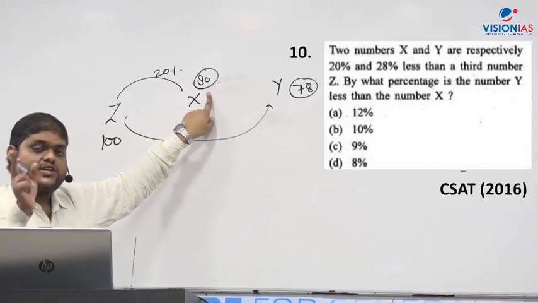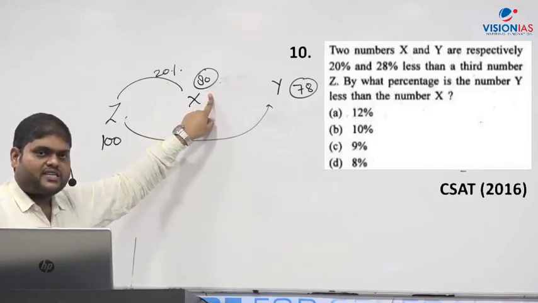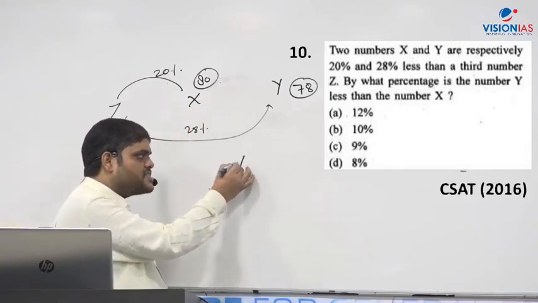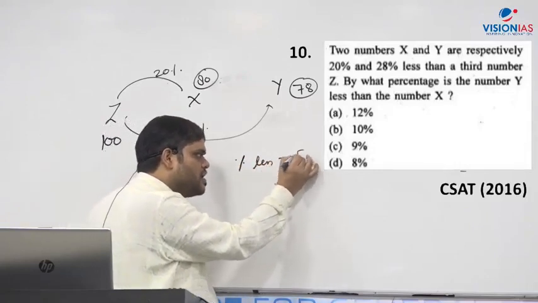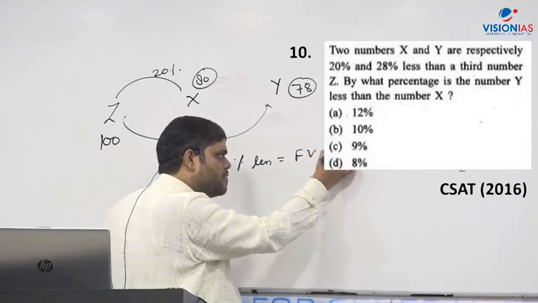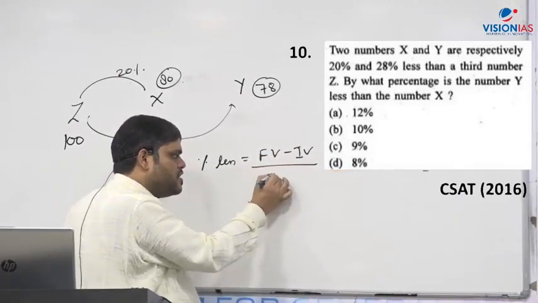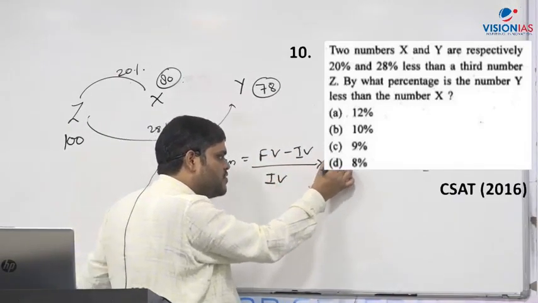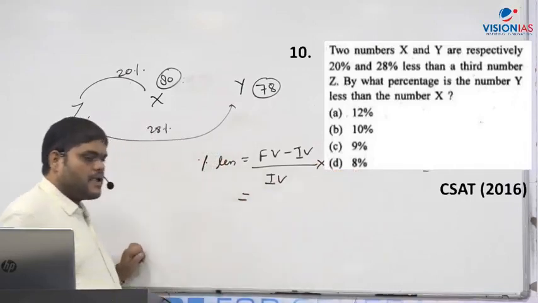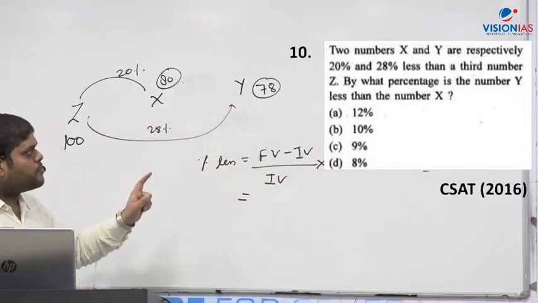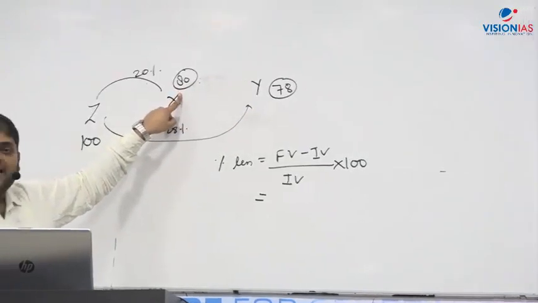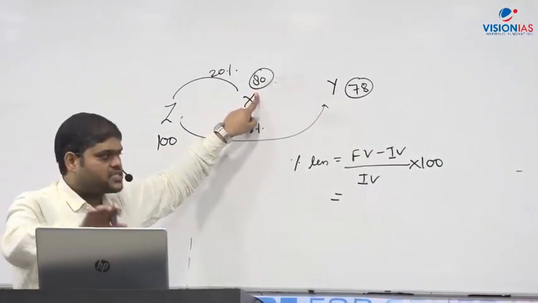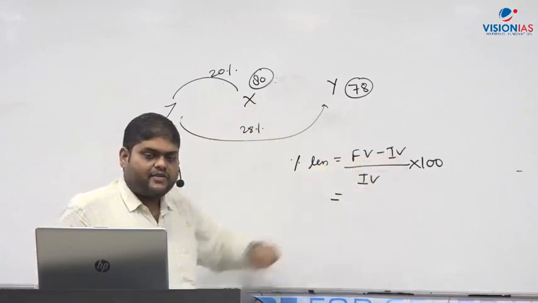So percent of less means percent of change. And percent of change means final value minus initial value, divided by initial value, into 100. The question is, by what percent is number Y less than number X? Less than X, so X becomes your initial value.